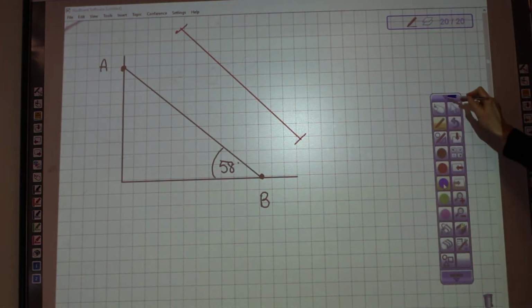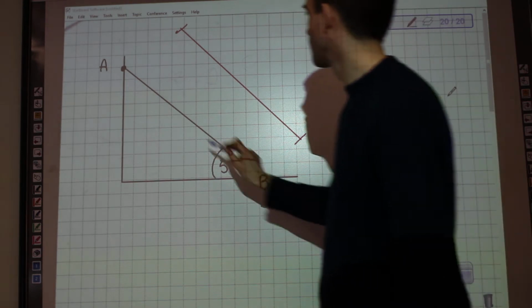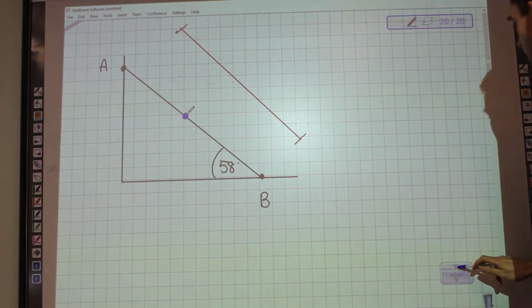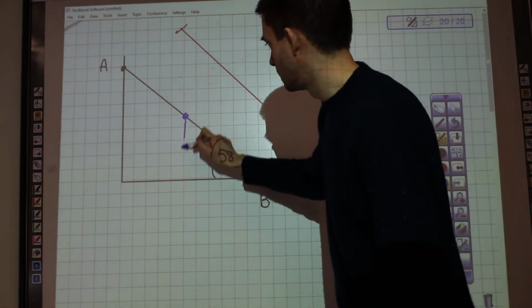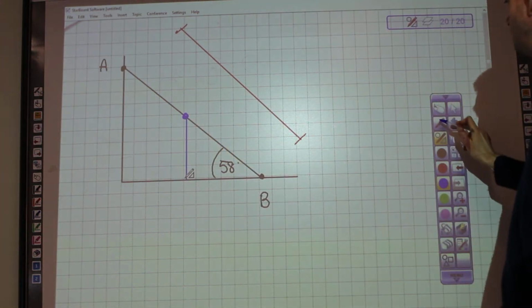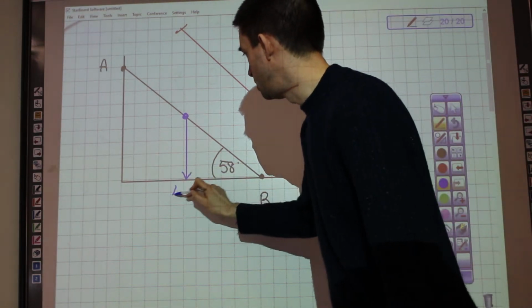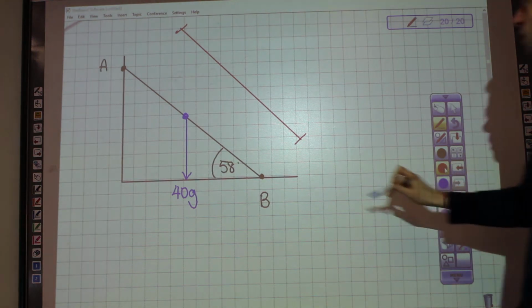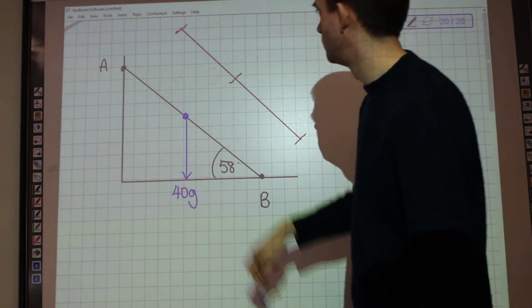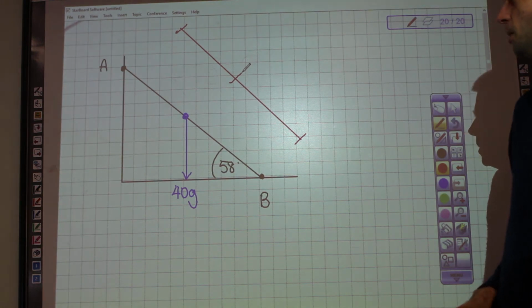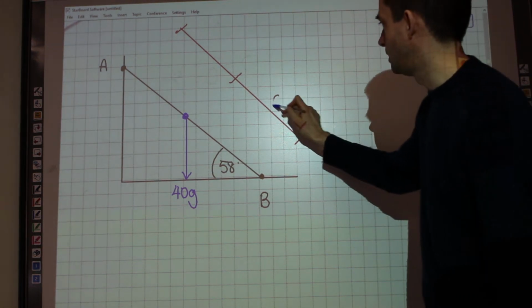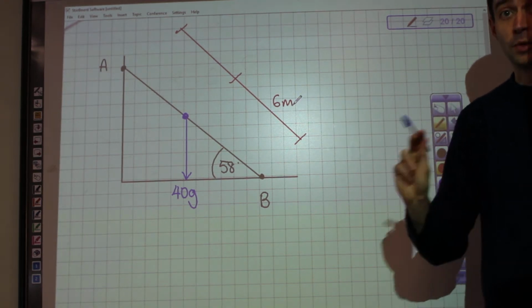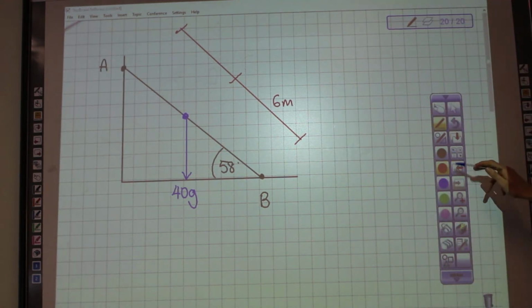It's uniform, so its weight is acting entirely at the centre, and its mass was 40 kilograms, so I've got a downward force, weight, of 40g there, and that is splitting the distance perfectly in two. So I've got a 6 metre distance there and a 6 metre distance there, which I'm not labelling just at the moment for reasons that you'll see.